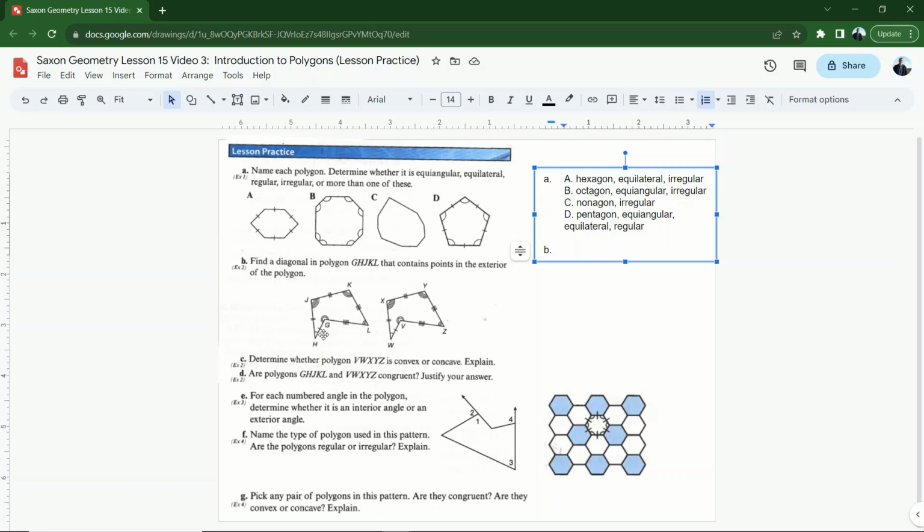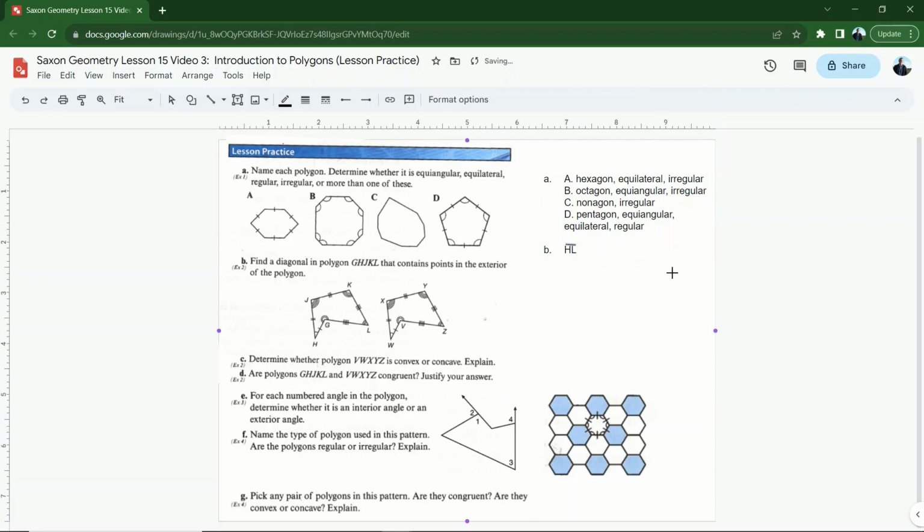Okay, anyway, we have to find a diagonal that contains points in the exterior of the polygon because these are both concave polygons. So one of their diagonals strays outside. So for GHJKL, the diagonal HL. And I have to name a diagonal as a line segment, so I'm going to put a line over that.